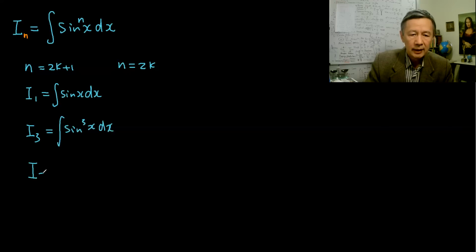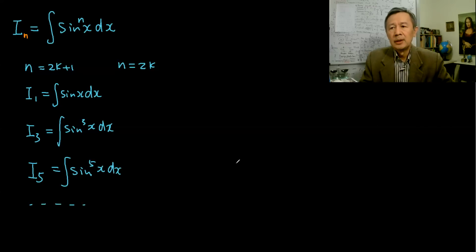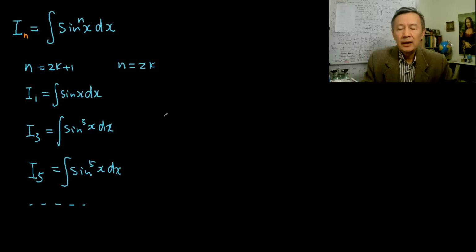And this I5 will equal the integral of sine to the power of 5 x dx, and so on. Generally speaking, if n is an odd number, the solution is relatively simple. We'll talk about the even case afterward.